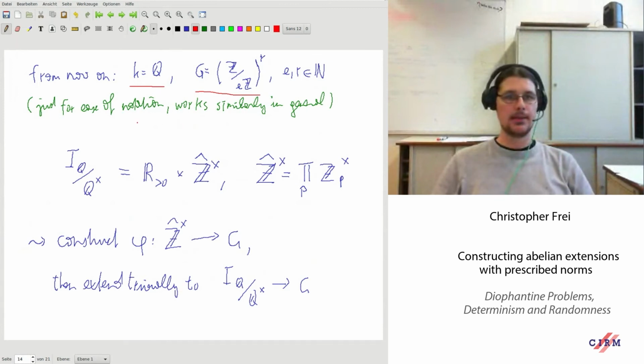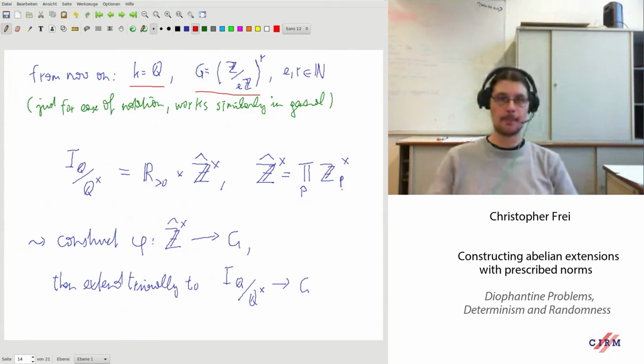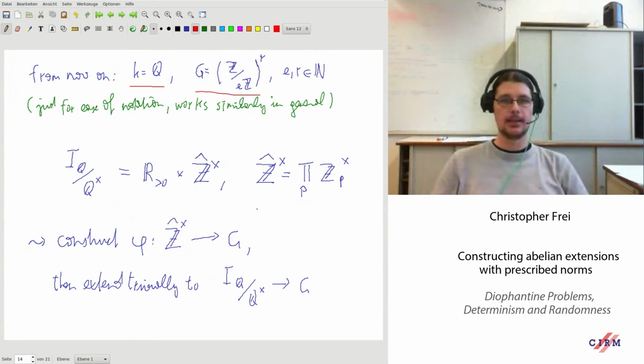Okay, so now if little k is Q, then one can describe this ideal class group in a more concrete way. It's the group of positive real numbers times the units of Z hat, the profinite closure of Z. I've written here how I see it: the units of Z hat is the product over all primes of the local units, the p-adic units Z_p^*.